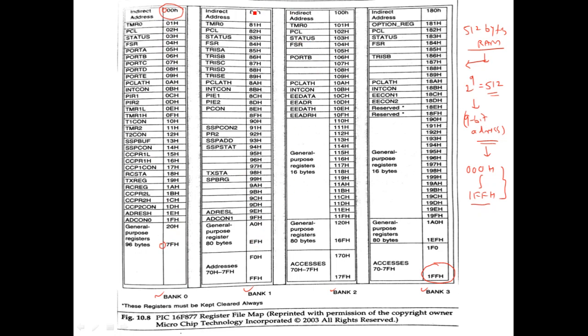And then from 080, the next address to 0FF is bank 1. So bank 0 and bank 1 together have addresses 00 to FF. So it is 256 bytes.